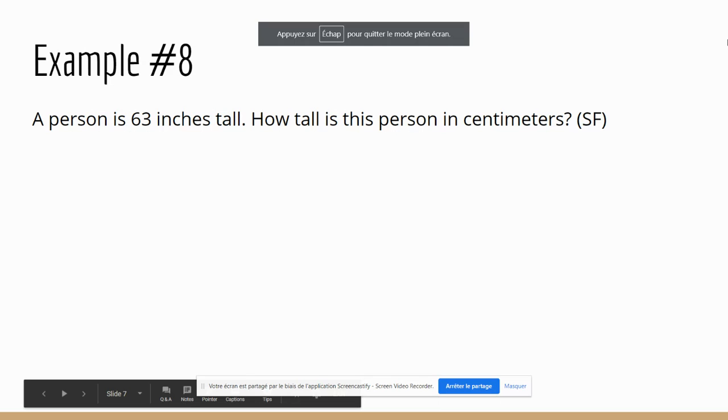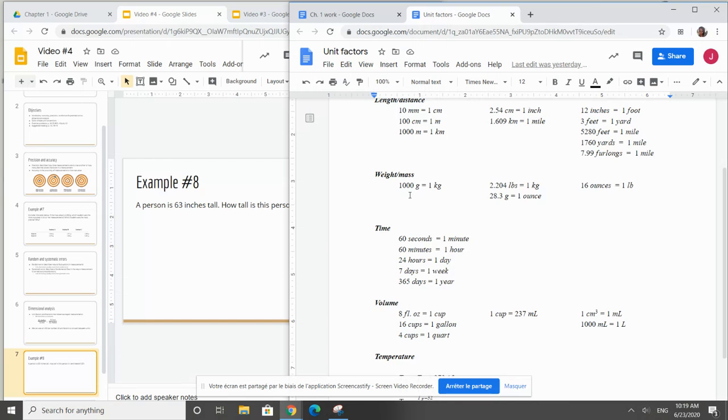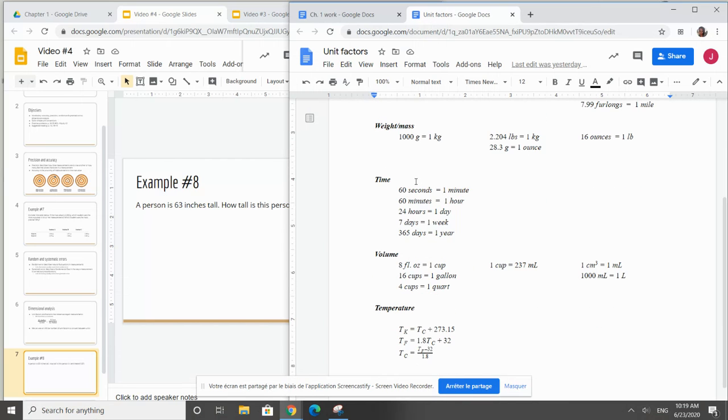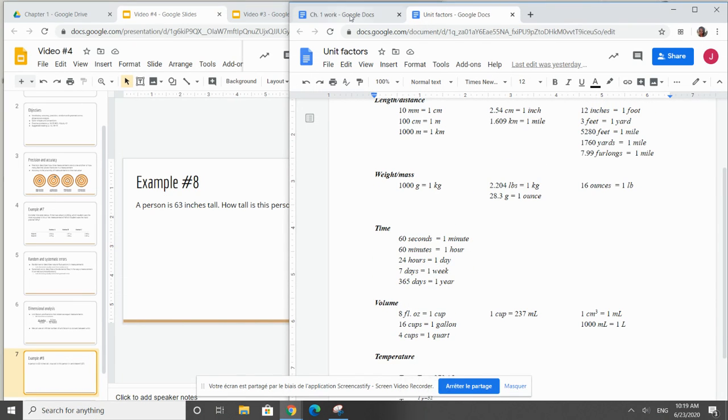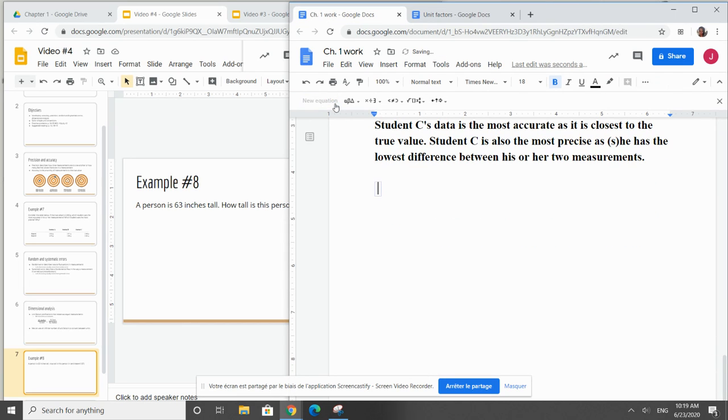All right, let's take a look at example number 8. I'm just going to stick to the unit factors that are on this sheet. So we have 63 inches, and I'm going to convert this to centimeters.